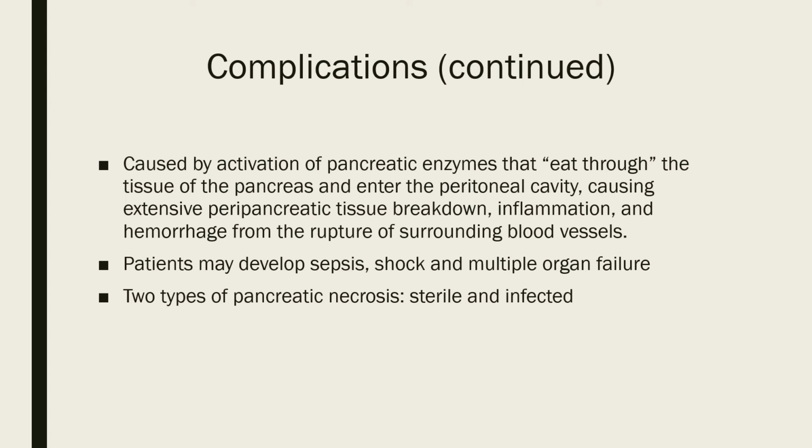So it is caused by activation of those pancreatic enzymes that will eat through, again we are talking about autodigestion, the tissue of the pancreas and enter the peritoneal cavity, causing extensive peripancreatic tissue breakdown, more inflammation, and then hemorrhage from the rupture of these surrounding vessels, right? So in essence, the body is eating itself. It is autodigestion. Patients may develop sepsis, they may develop shock, and then multiple organ failure.